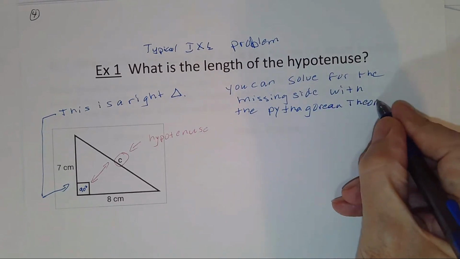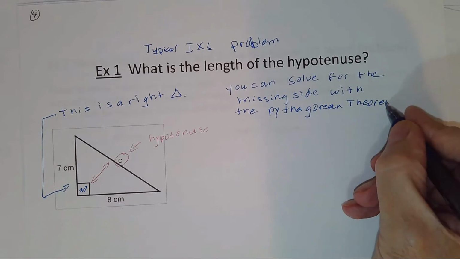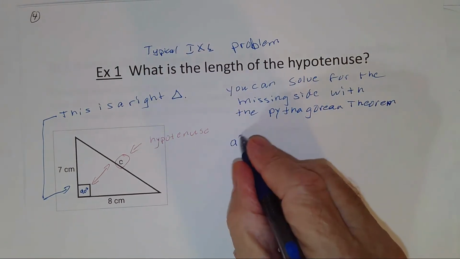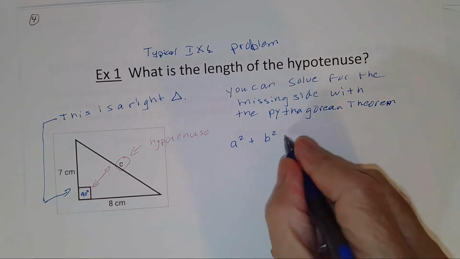The formula is a squared plus b squared equals c squared.